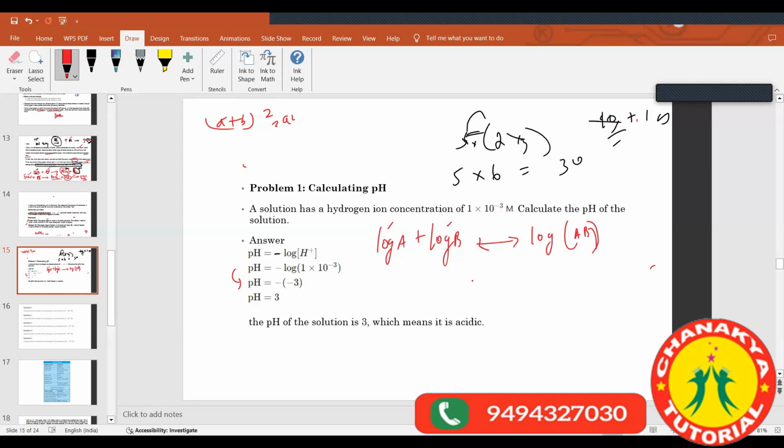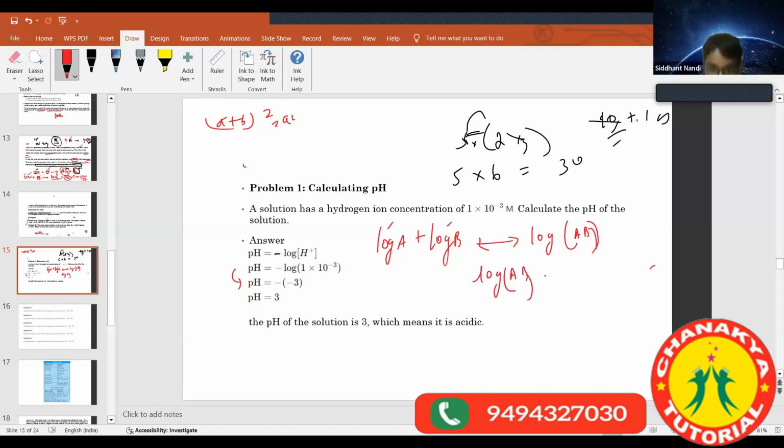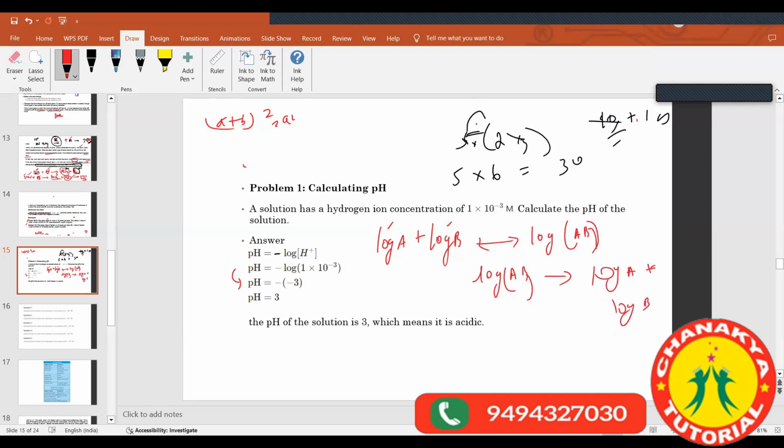And vice versa. If there is a log of a and b, for better understanding we can remove the log and add any number. Suppose we add 1, so it is commonly known as the distributive property of mathematics. Like in distributive, a multiplied by b plus c will be a into b plus a into c.